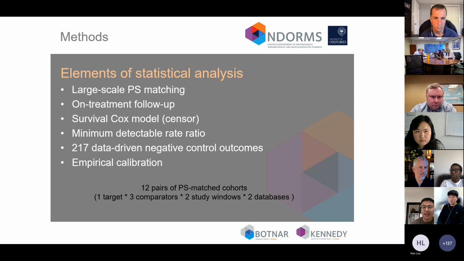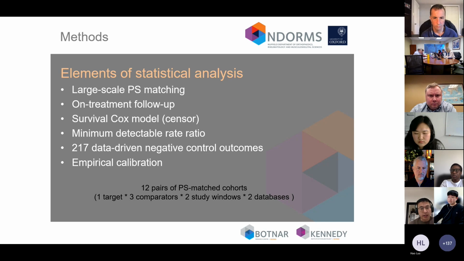Furthermore, at the analytical stage, we used large-scale propensity score matching to minimize residual confounding, and we focused on the on-treatment period to reduce misclassification after the index date.